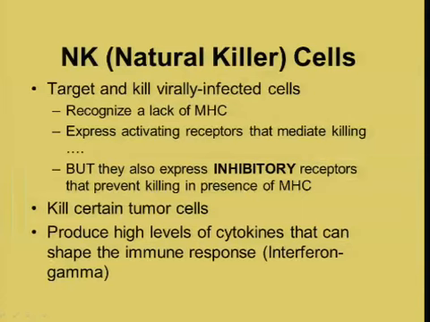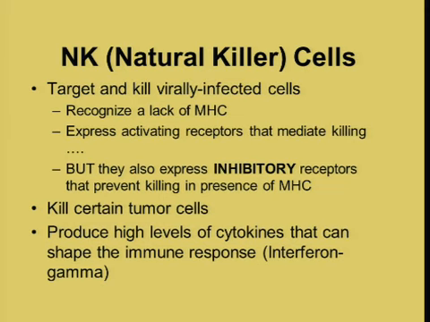Now, there's a whole bunch of different cells that are also involved in the innate immune system. One of them is the NK cell, or natural killer cell. Natural killer cells are usually designed to target and kill virus-infected cells and sometimes certain tumor cells. So their specific job is to recognize various different viral determinants or different tumor determinants, and to destroy those cells that express these determinants.